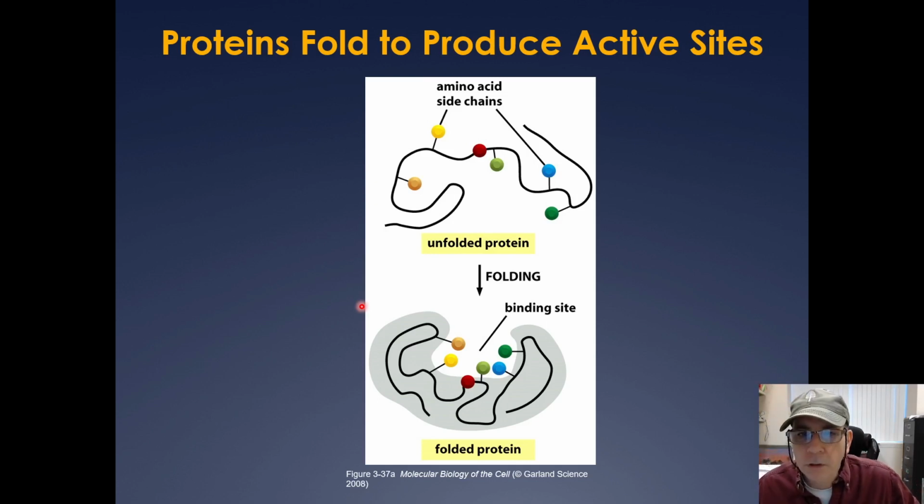Proteins also fold so that their active sites are available to create a catalytic center. Okay, so here you have your primary amino acid sequence with all of the different side chains on the amino acids, and when it's ultimately folded, the amino acids that make up the active site or the binding site will be co-localized together, and these will allow all of the non-covalent interactions or the catalytic activity to occur within the protein.